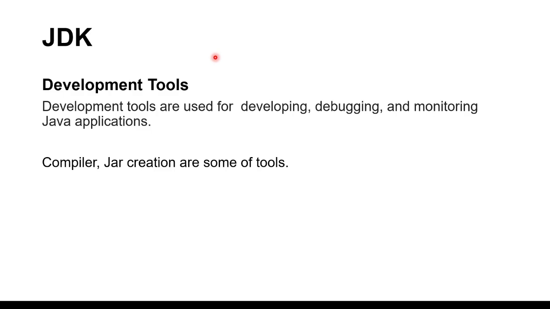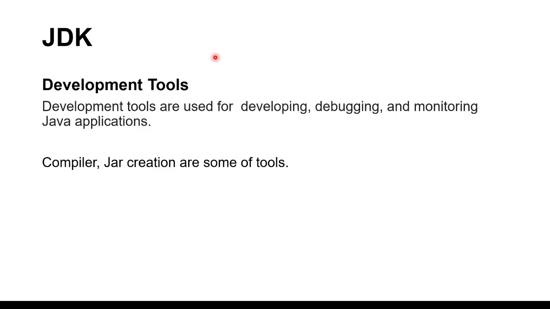We cannot directly pass the folders or class files, but we generate a jar out of the bytecode. The creation of the jar is also part of these development tools. The compiler is used to compile the code, and once compiled, we generate the jar, which is transferred to other platforms for running our Java code.